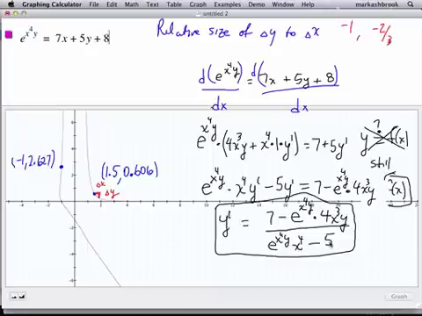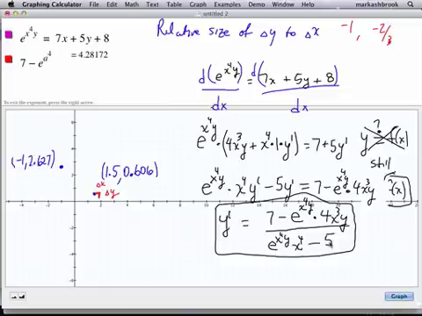Okay, let's do it. So we want 7 minus e to the x to the 4th. Let's do a to the 4th. So we can just put in different values of a and b. Times b. Times, thank you. 4a to the 3rd, b.